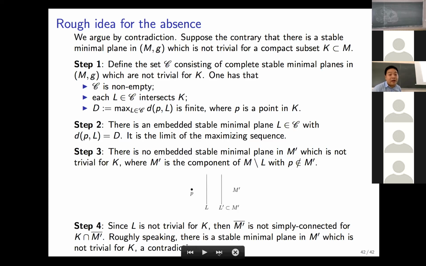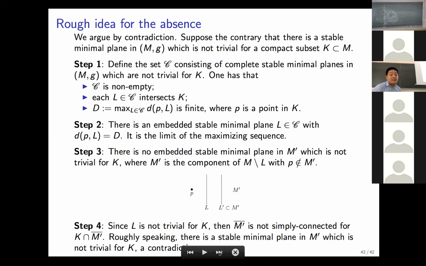If L prime is non-trivial for K, we get a contradiction, because from this picture we know the distance from P to L prime is greater than the distance from P to L. But since L prime is non-trivial for K, L prime belongs to the set, so we get a contradiction with the definition of D.